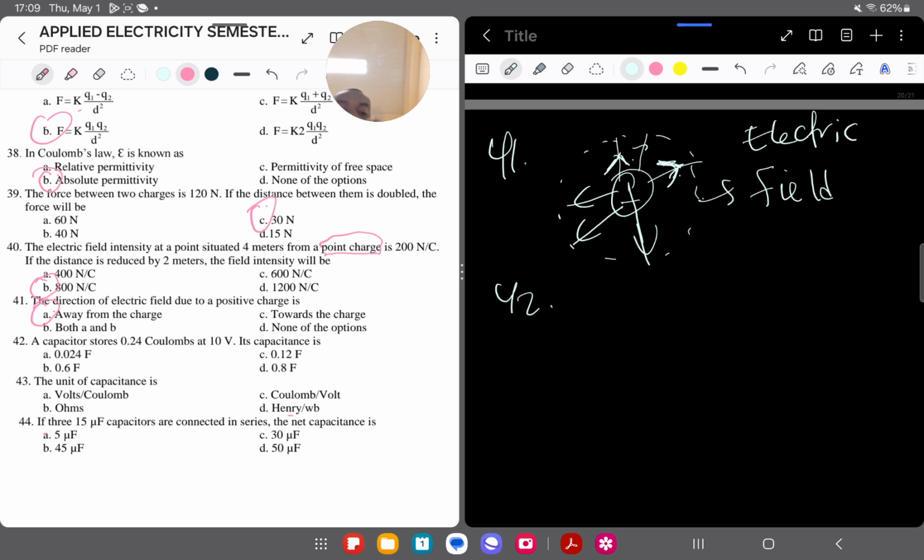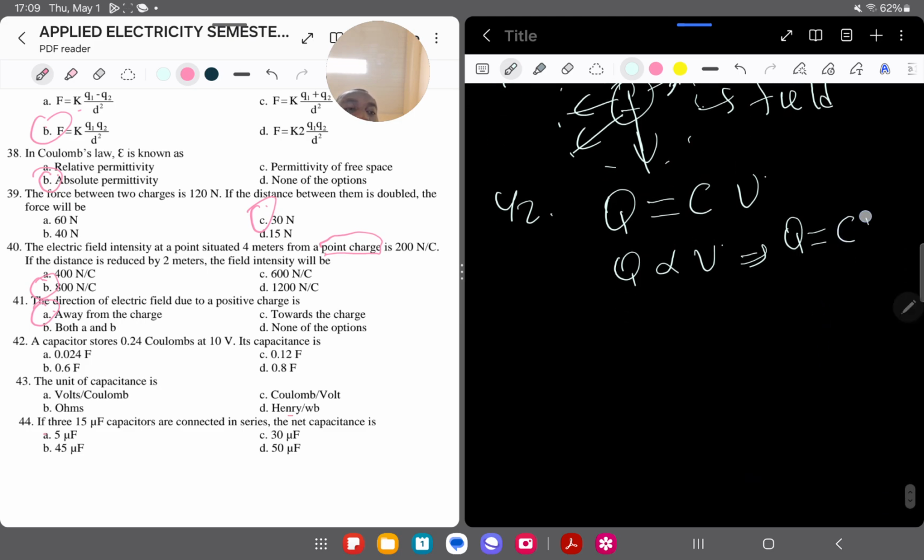So you have to use this formula: charge is equal to capacitance times voltage. Or you can start by saying that charge is proportional to voltage, and then you bring your equal sign and that constant, which we term the capacitance C. So you make C the subject, that will be charge over voltage.